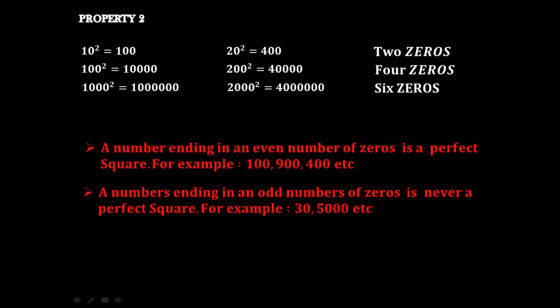Whereas a number ending in an odd number of zeros is never a perfect square, for example 30, 5000, etc. That means any number which contains 1, 3, 5, 7 or 9 zeros is never a perfect square. So a number ending in an even number of zeros can be a perfect square, and a number ending in an odd number of zeros is never a perfect square.